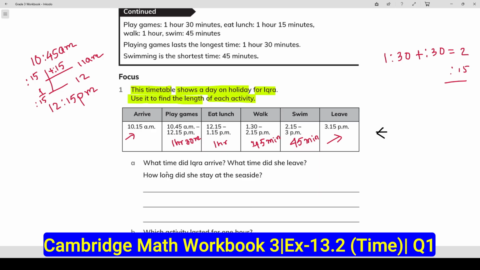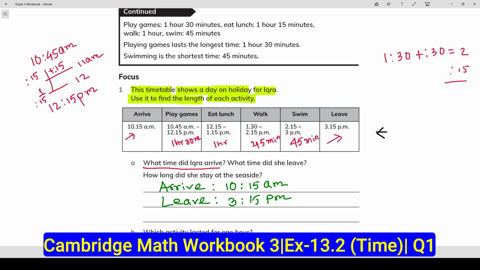Now our question, what time did Ikra arrive? So arrive 10:15 a.m. Next, what time did she leave? Leave 3:15 p.m. Okay.